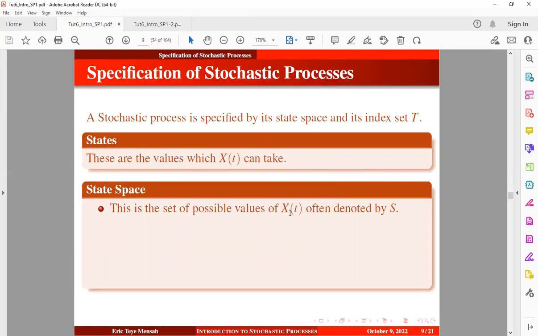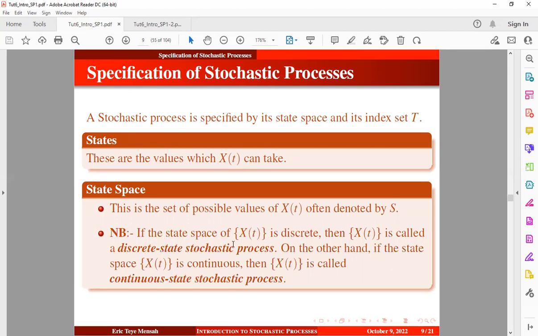Now take note that if the state space is discrete, then we have a discrete state stochastic process. On the other hand, if the state space is continuous, then our process is going to be a continuous state stochastic process. Let me quickly go back.